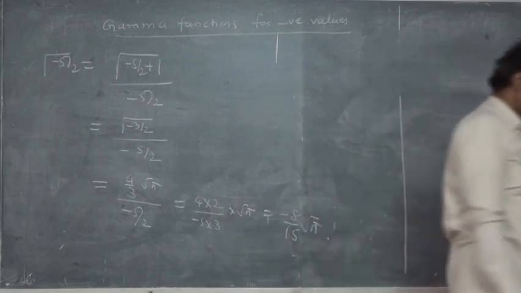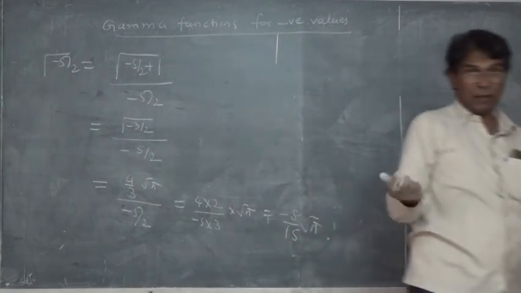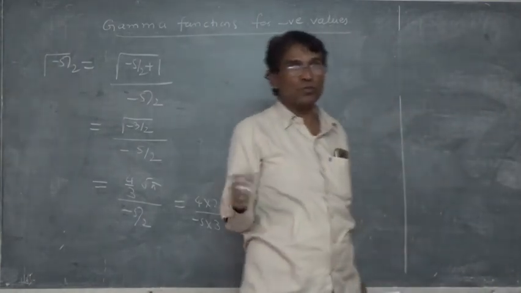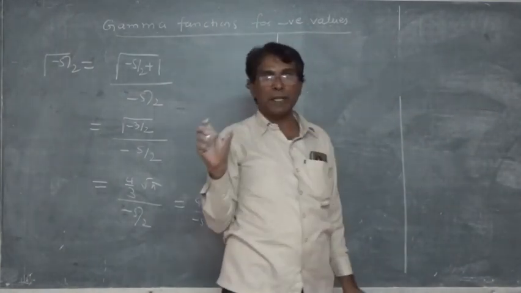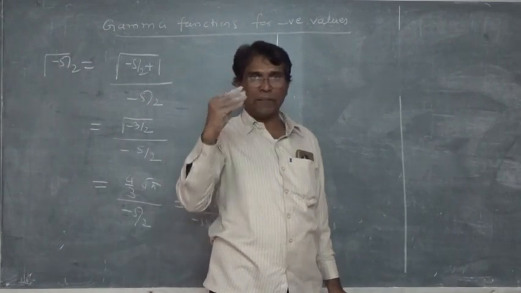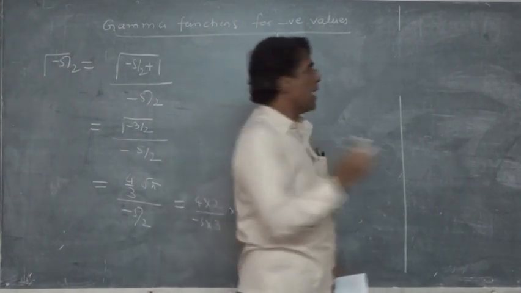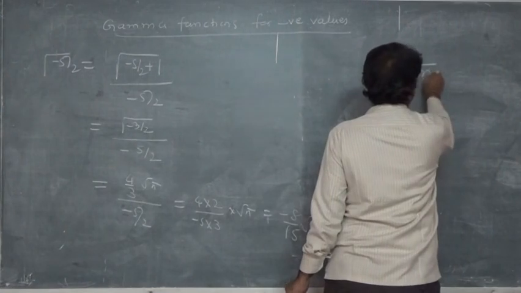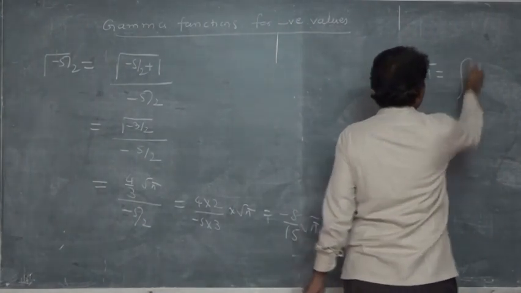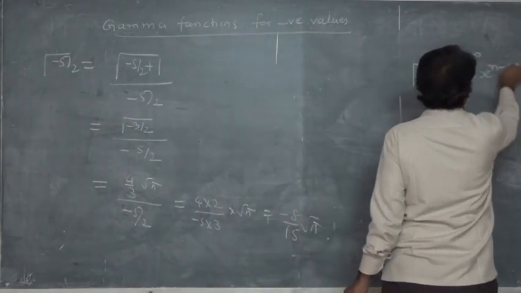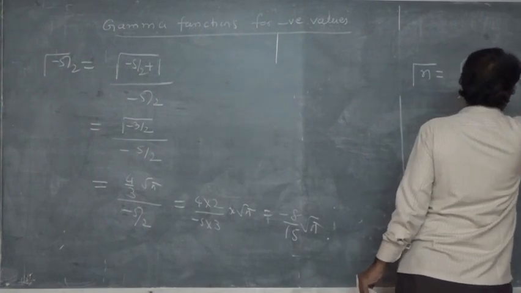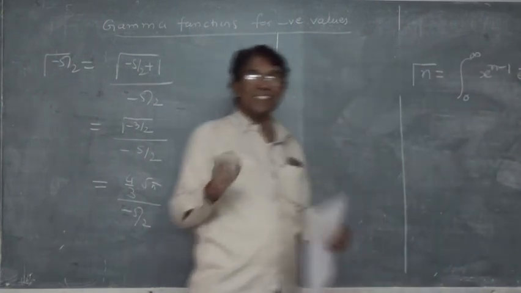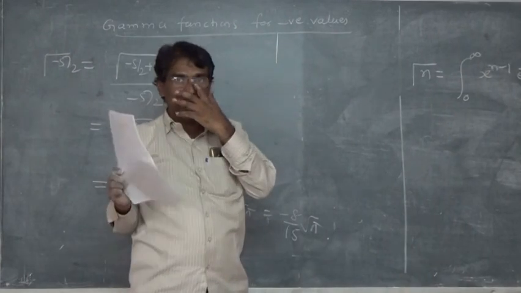Okay, got it? So once again, I will rewind whatever I taught you today. First of all, I started beta and gamma functions. There I defined gamma functions. Gamma is denoted as gamma n, and it is defined as the integral from 0 to infinity of x raised to n minus 1, e raised to minus x, dx. This is the definition of the gamma function.